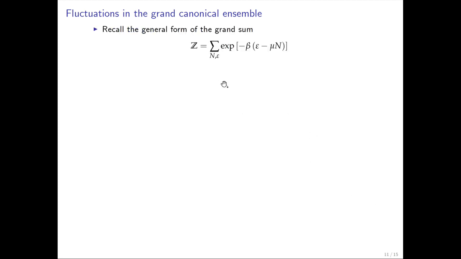So remember, the general form of this grand sum was, once again, Z is a sum over configurations, so use that to understand what this sum means.